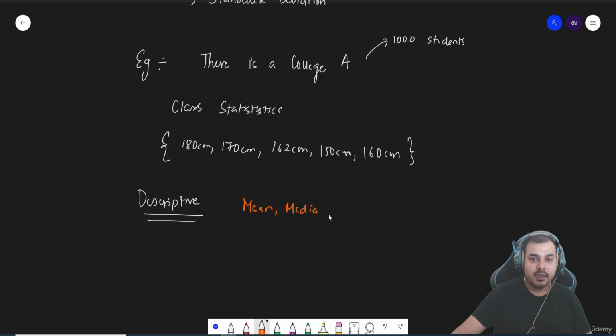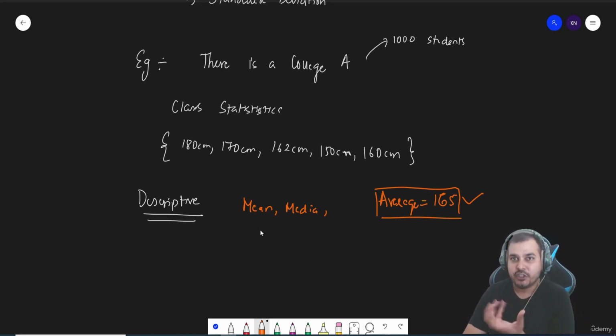I may say that the mean height or median height of this particular sample is so and so centimeters. Mean basically means average. So the average is probably somewhere around 165 centimeters. Let's calculate it and find it out. I've just randomly written it. This is how descriptive statistics is basically done.